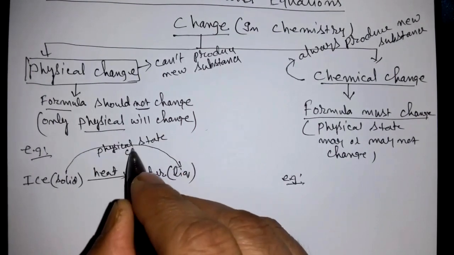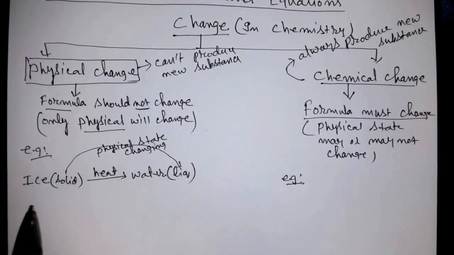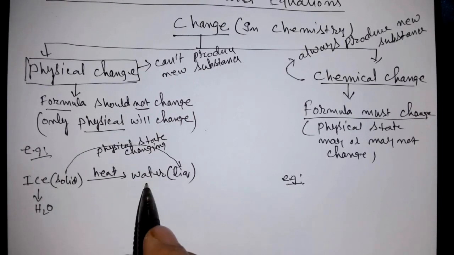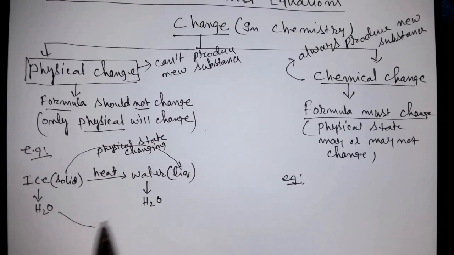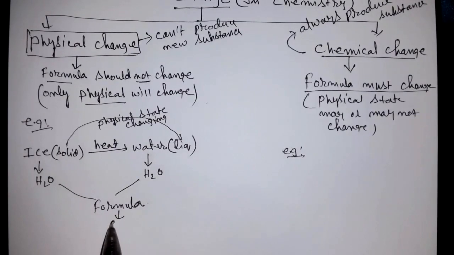Physical state changing. Then if you see what is the formula of ice, ice formula is same as water because it is same thing, and water formula also H2O. So this formula is same. So in this change, what is changing?